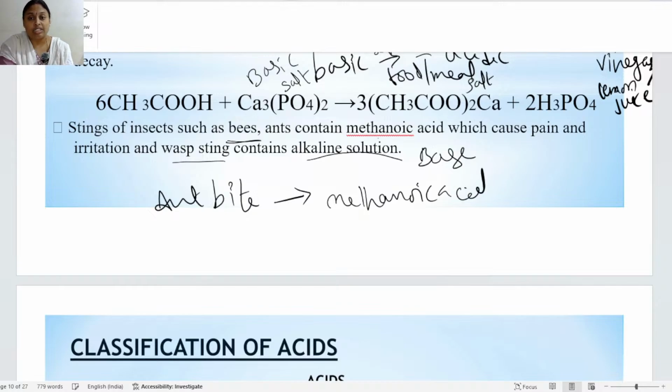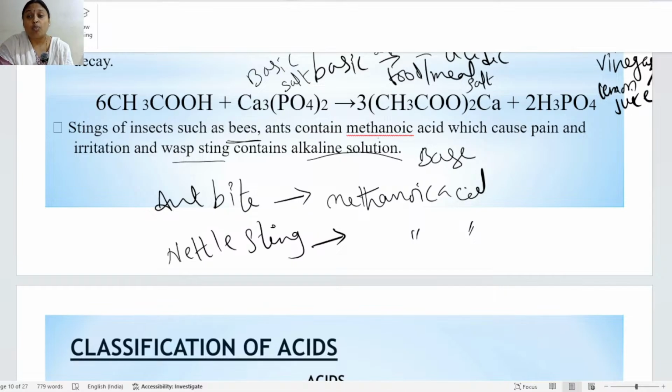Methanoic acid is released, and because of that we get a burning sensation. Next, a nettle sting also releases methanoic acid. So in 3 cases, honeybee, ant bite and nettle sting release methanoic acid, and then we feel the pain.